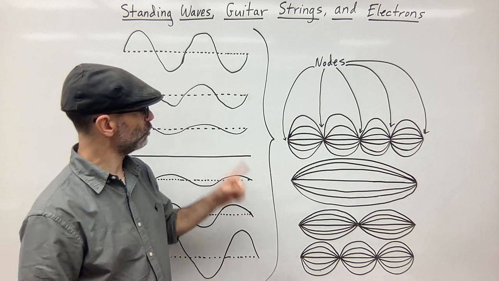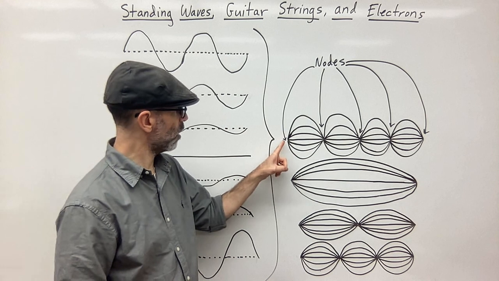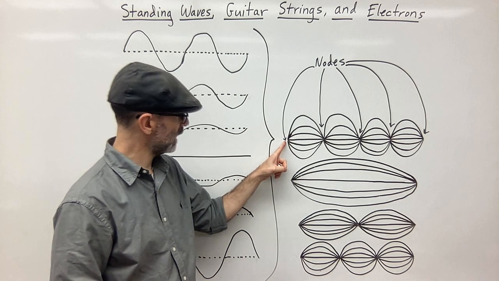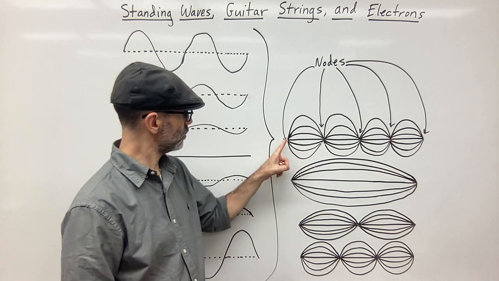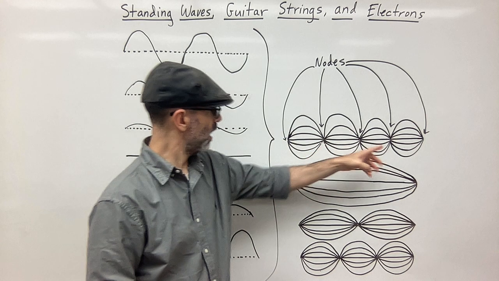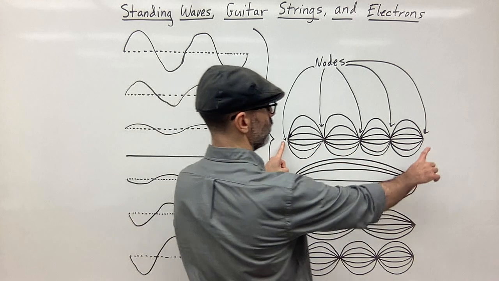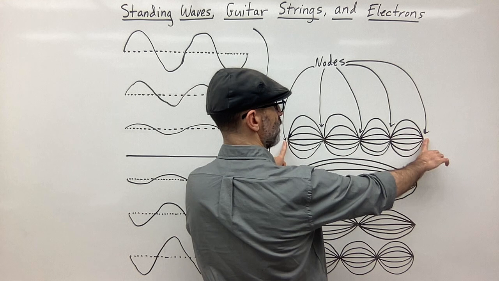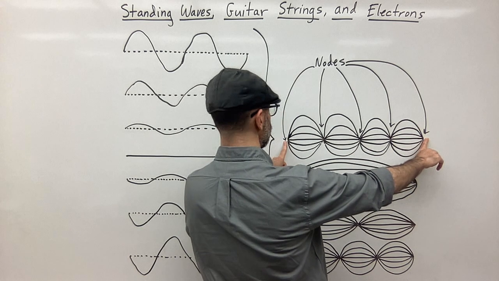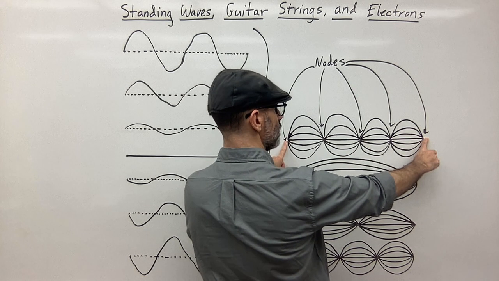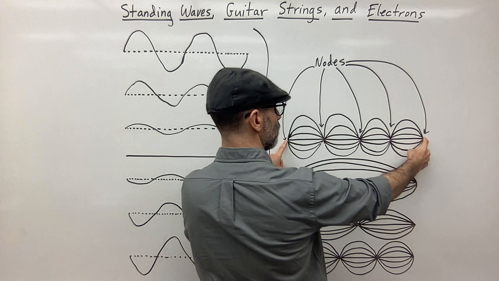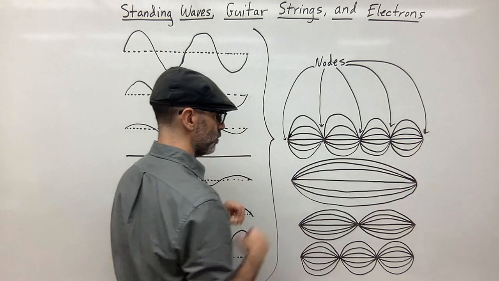Now you'll notice that there are actually points at which the string does not move at all. So here and here and here. Obviously, if the string is attached to a fixed wall or structure, or something like a guitar string, then the ends of the string are not moving; they're stuck in place.